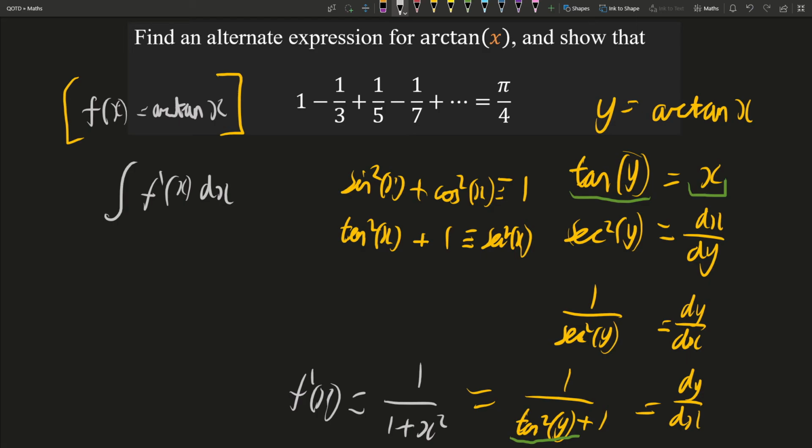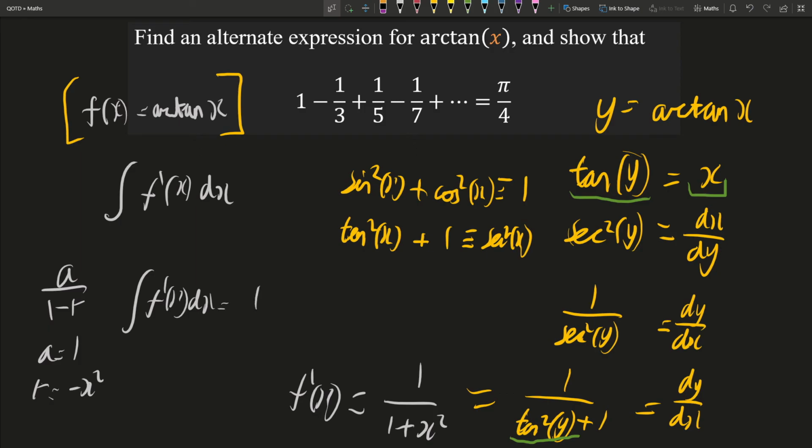Now that we have it, we can see that again, this is a geometric series with a equals 1 and r equals minus x squared. And again, when we integrate, we want to integrate the derivative.